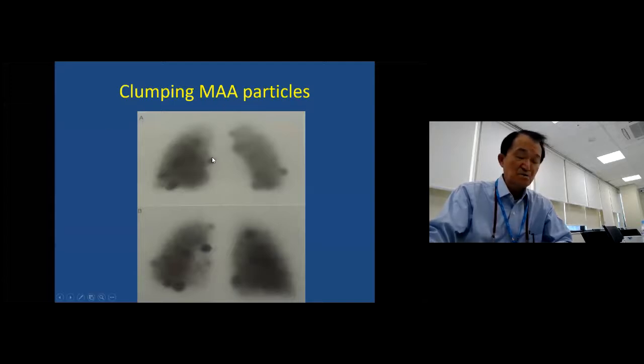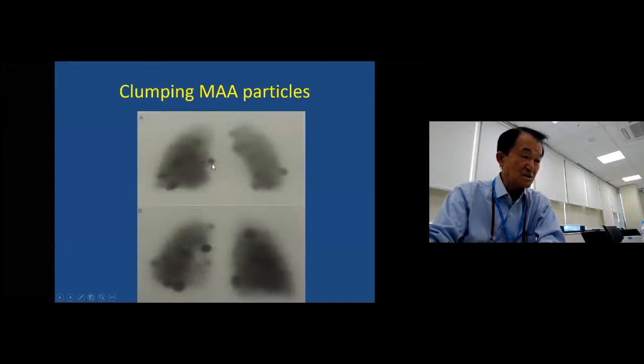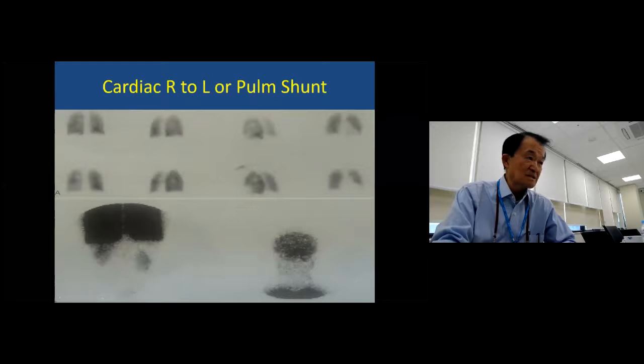If you have difficulty finding the vein, and hit the vein with bleeding, they attach to the clot and show this kind of blood clot particles.